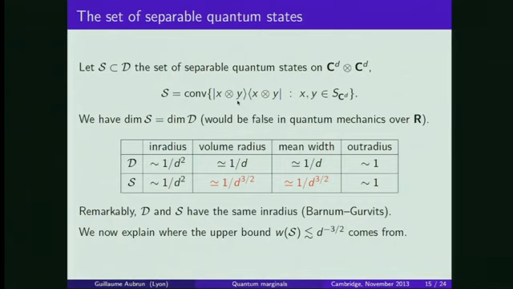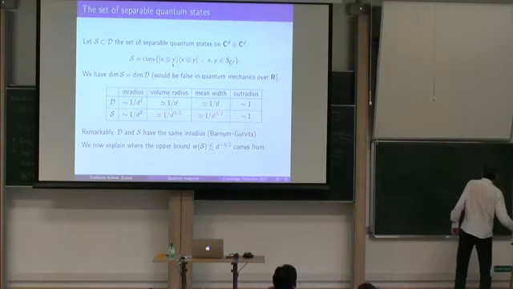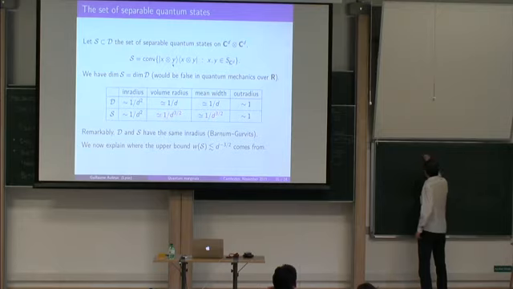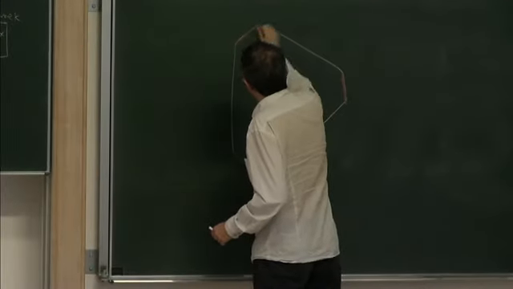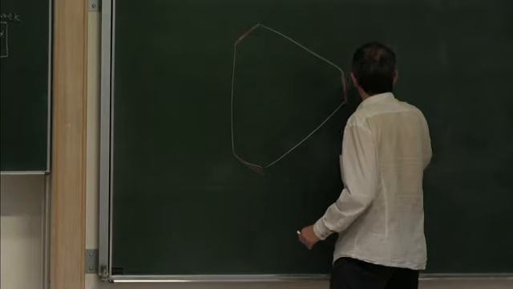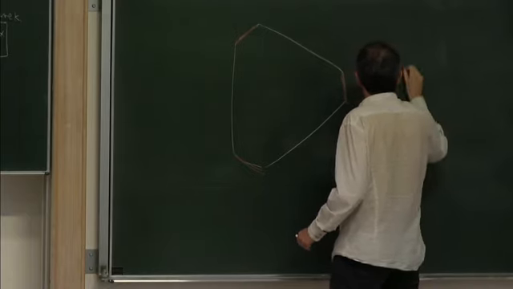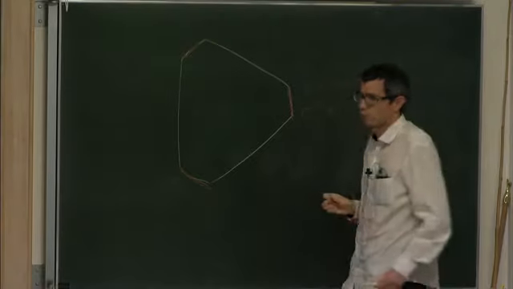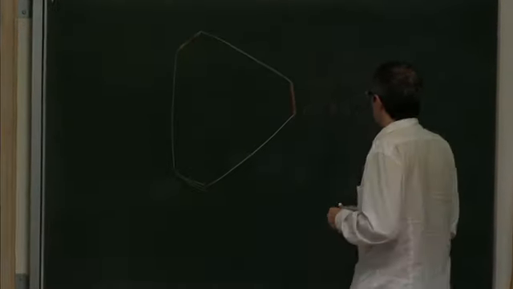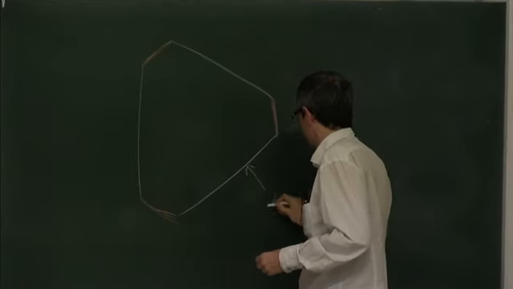So this defines entanglement, because we define a state to be entangled if it does not belong to this set. So maybe I may draw a picture. In C^d tensor C^d, these are the pure states. So it corresponds to the projective space of dimension d squared minus 1. Then this is the convex hull. This is the set of all states.